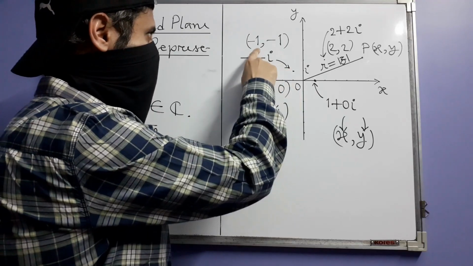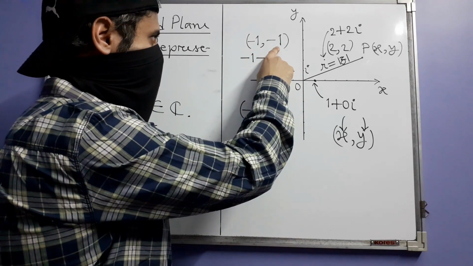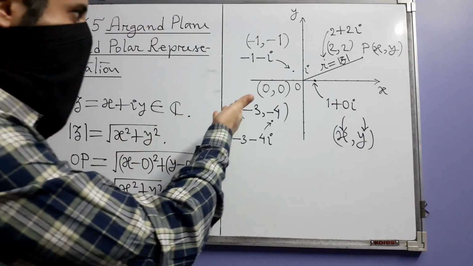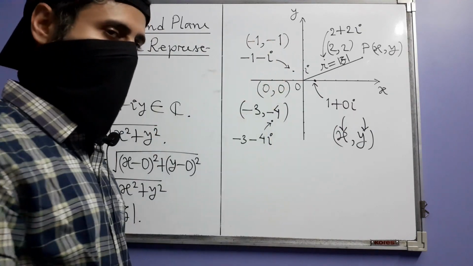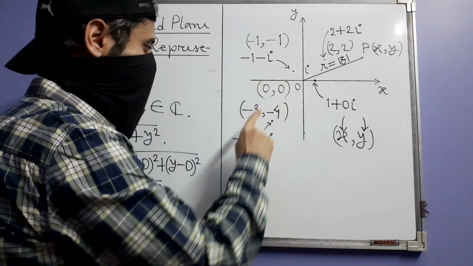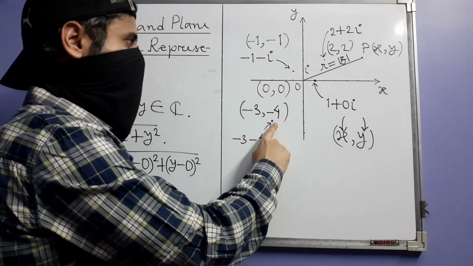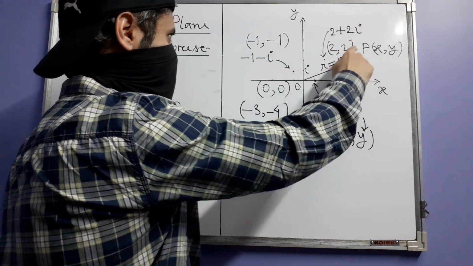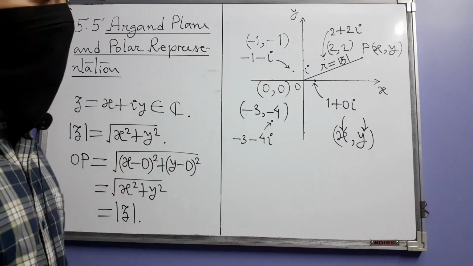Say this point is -1, -1. And the other type, of course, we have seen just now, is the associated complex number. -1 minus i will be this point. -3 minus 4i will be this point. 2 plus 2i will be this point because its coordinates are 2, 2.